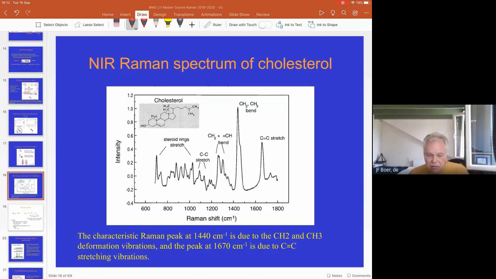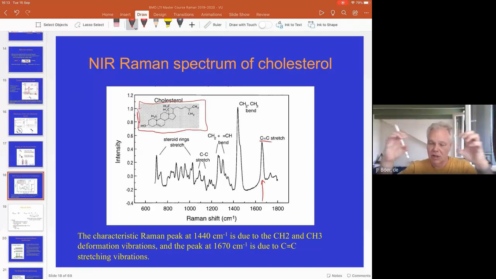And so if we now take a look at, let's say, a complicated molecule like cholesterol, the molecular structure is shown here. It consists of many individual atoms. You can imagine that if you want to look at the Raman spectrum, there are very many different vibrational modes present in this molecule. For instance, we have a peak here called the C double bond C stretch mode, where the two carbon atoms are moving in and out with respect to one another.